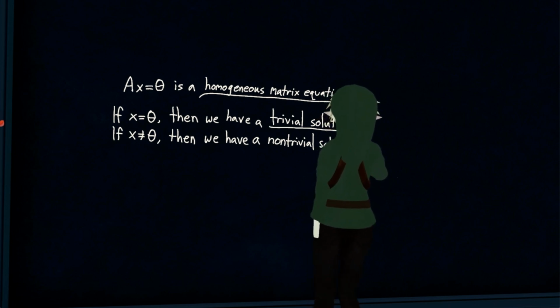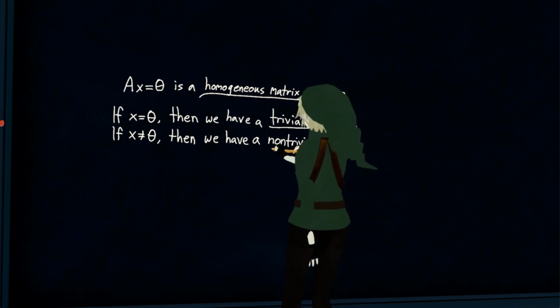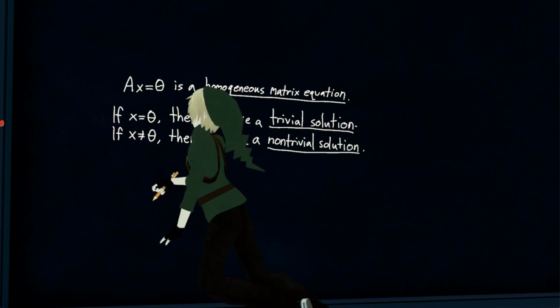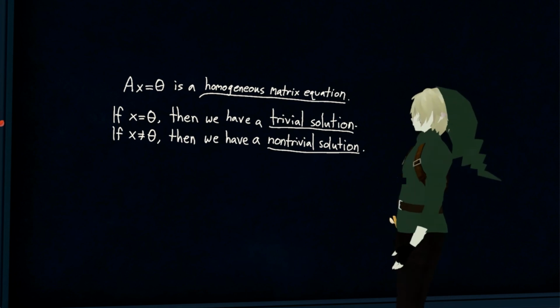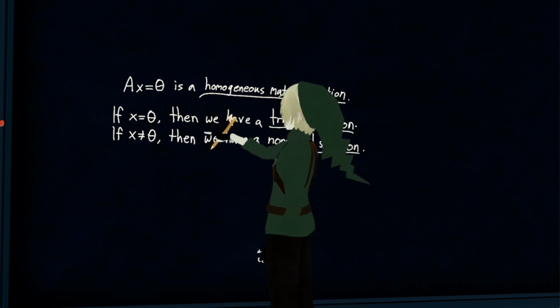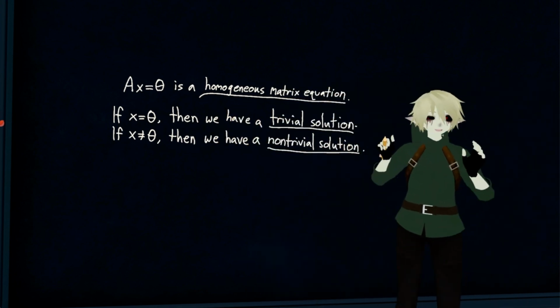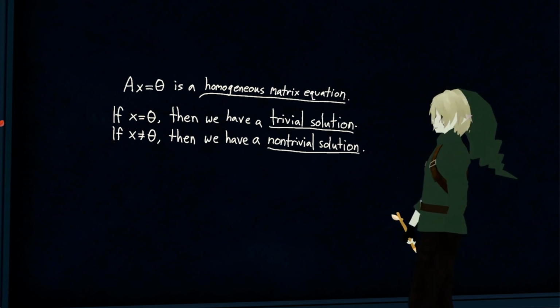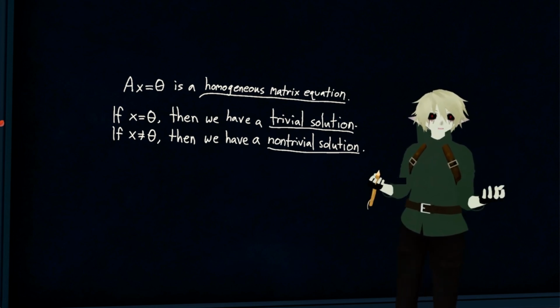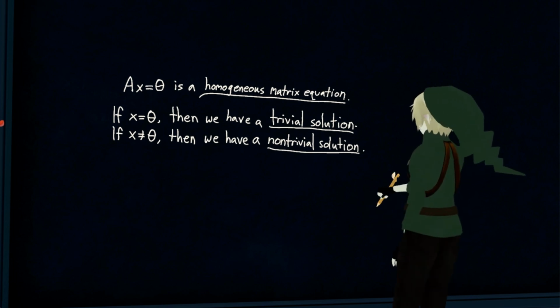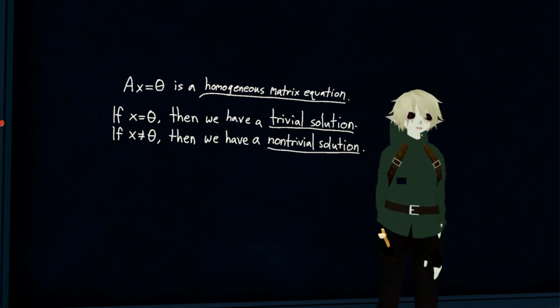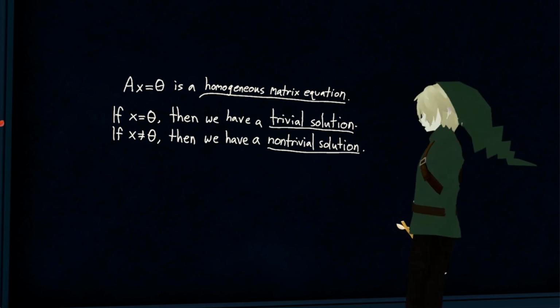It's not so obvious. If x is equal to a 0 vector, oh okay, that's our solution, we're done. Oh, it's not equal to a 0 vector? Oh crap, then we have to do more. We have to find what this vector is specifically. What is x specifically? That's why we call it a non-trivial solution.